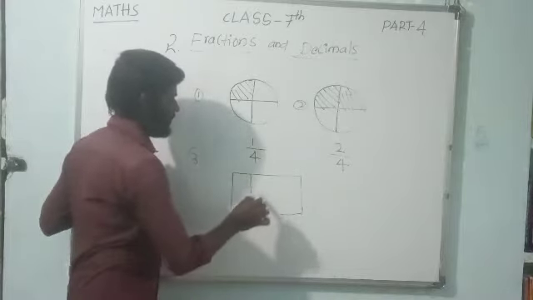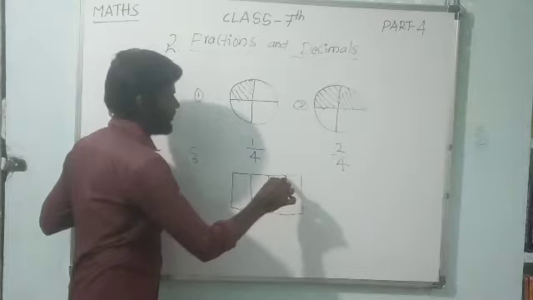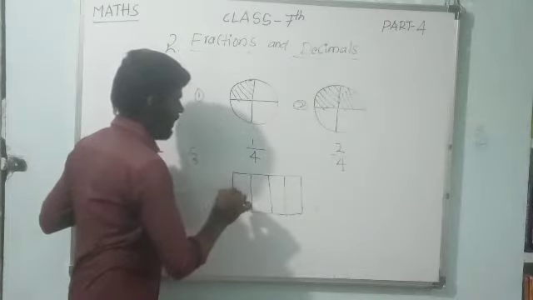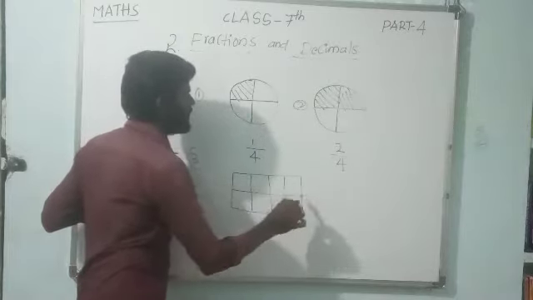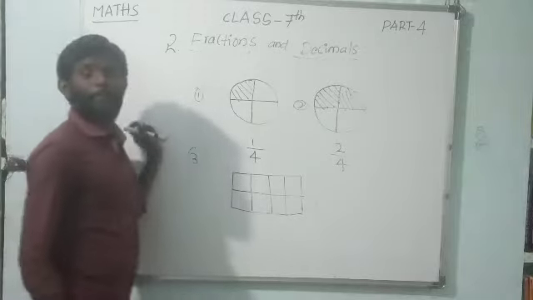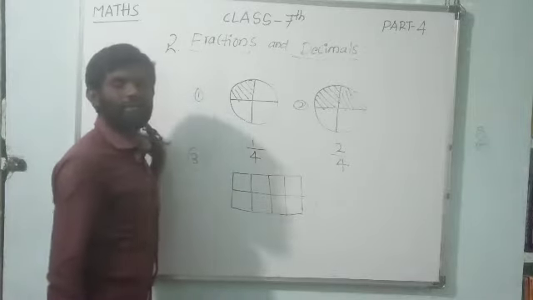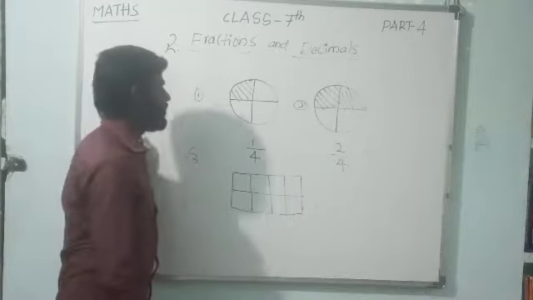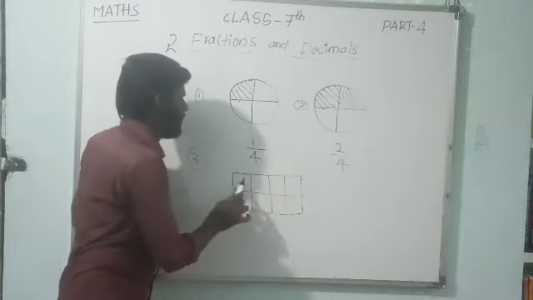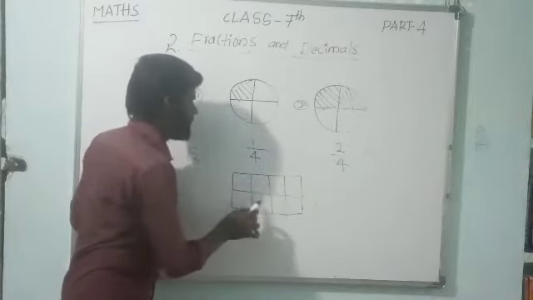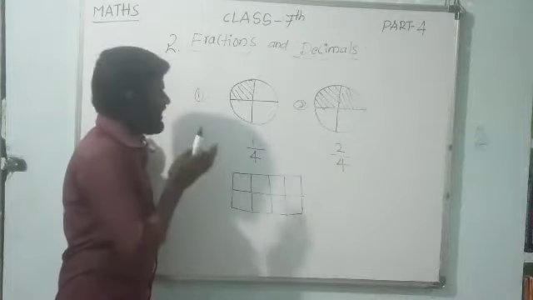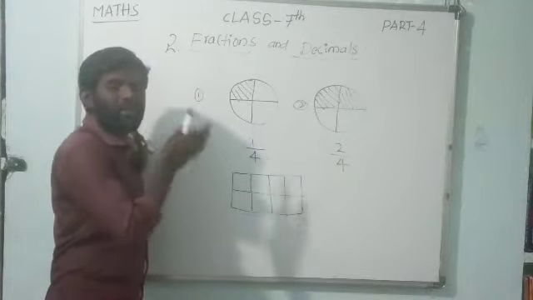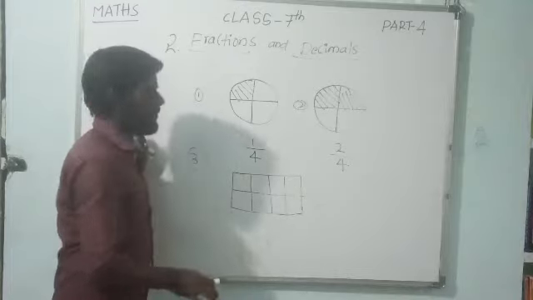Now I want to make it further divided with a horizontal line. How many squares are there? Let us see: 1, 2, 3, 4, 5, 6, 7, 8. Eight equal squares are there.